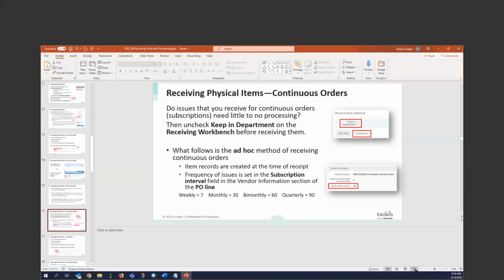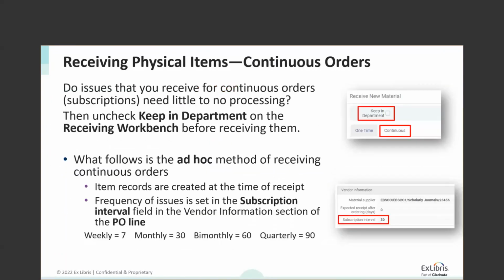Okay, so that was receiving our one-time orders. So when it comes to receiving continuous orders, do issues that you receive for continuous orders like subscriptions need little to no processing? What you want to do then, if that's the case, is if you check them in tech services, you receive them in tech services, you don't want to check keep in department.